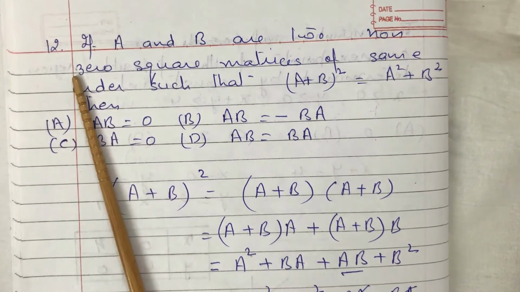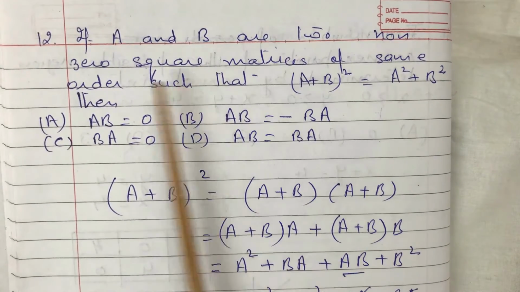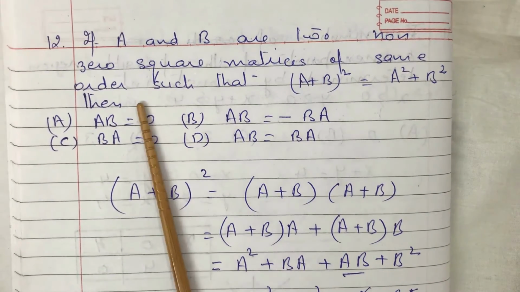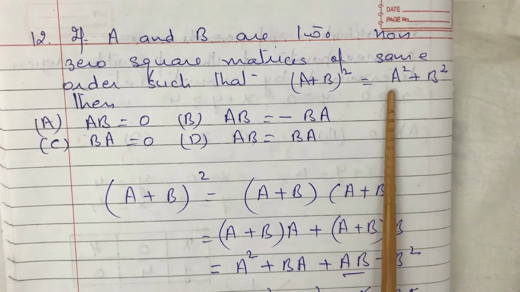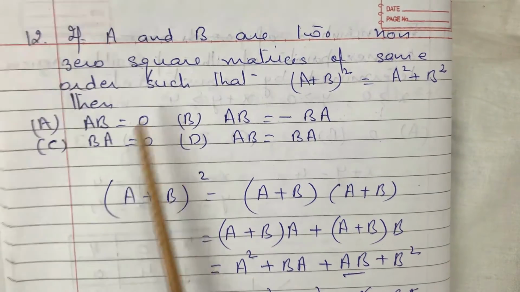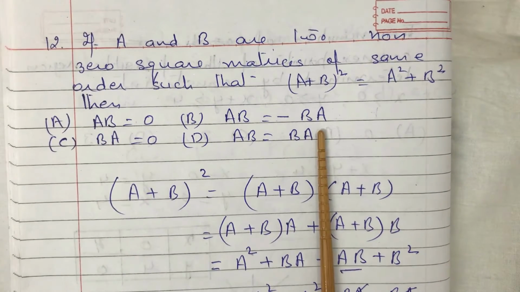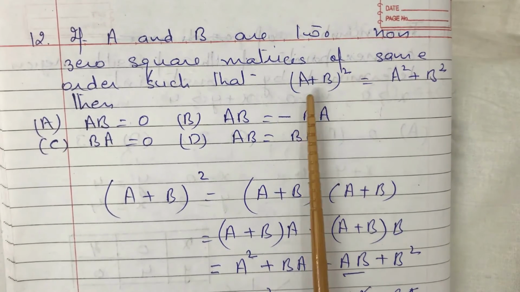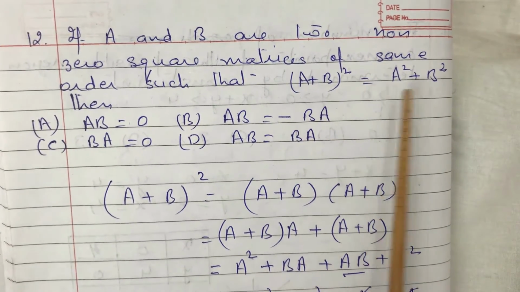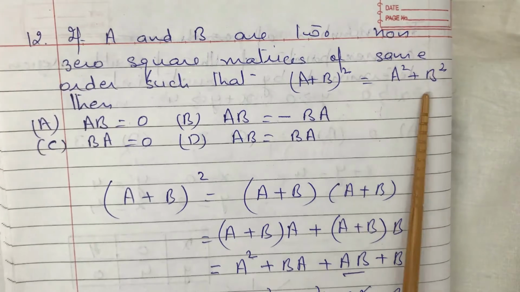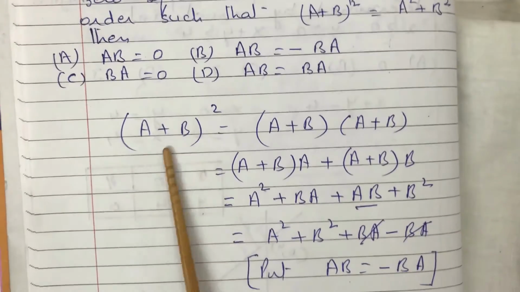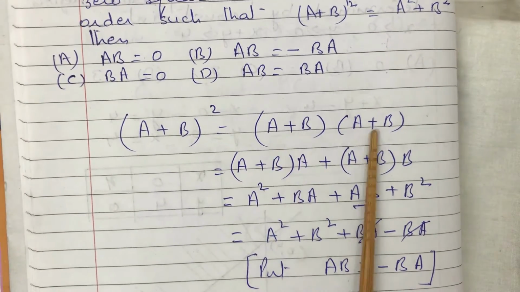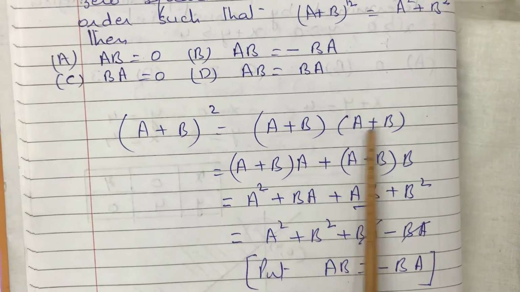Now 12th question. If A and B are two non-zero square matrices of the same order such that (A plus B) whole square is equal to A square plus B square, then which of the following is true? Now (A plus B) whole square means the multiplication of these two, (A plus B)(A plus B).